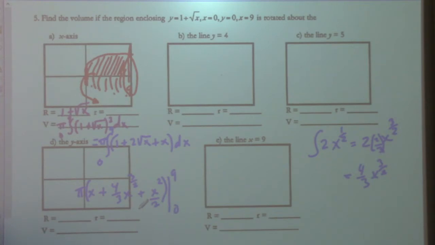Let's flesh it out to see if we get a good calculator check on this. So we have 9 plus 4/3, and we have that x to the 1/2 power.